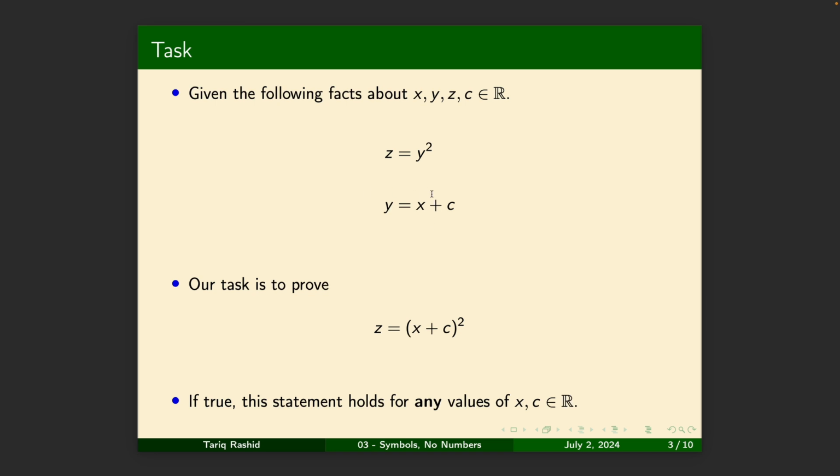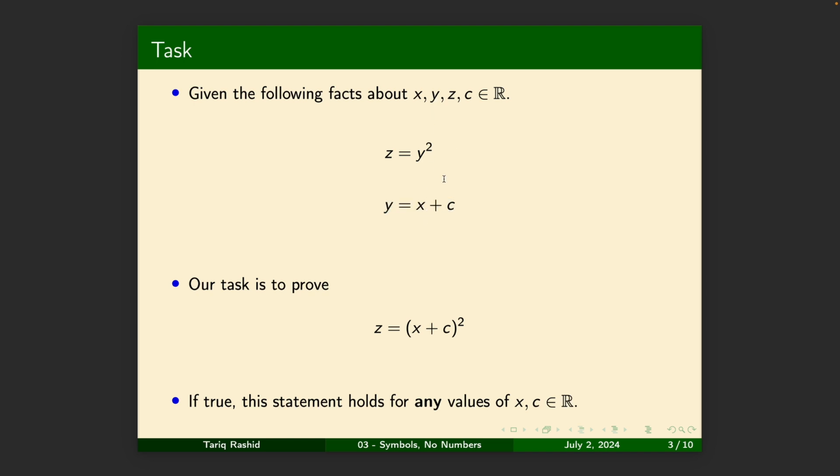So let's just think a little bit more about what we mean by general. So z can't actually be anything. What are the really free variables, as it were? Because z depends on y, we've seen that here, and y depends on x and c, but x and c don't depend on anything.